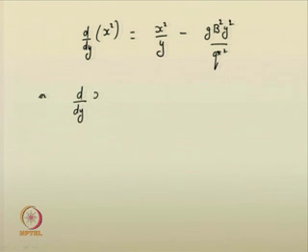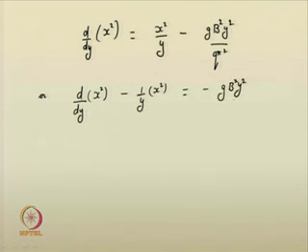So, d by dy of x squared minus 1 by y into x squared is equal to minus g b squared y squared by q star squared.